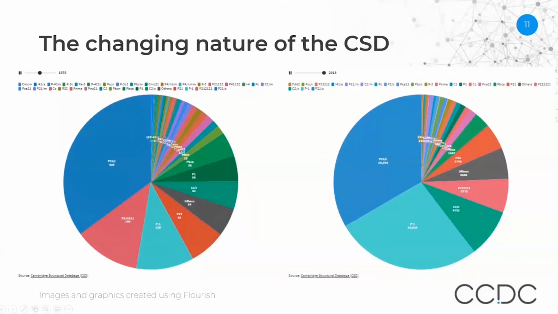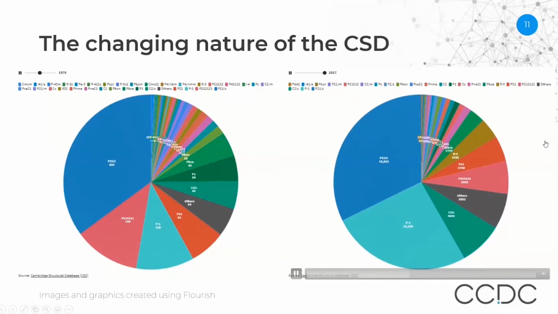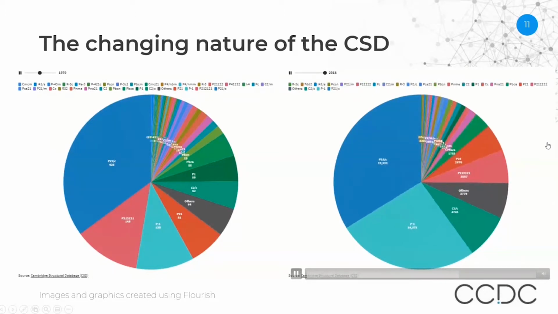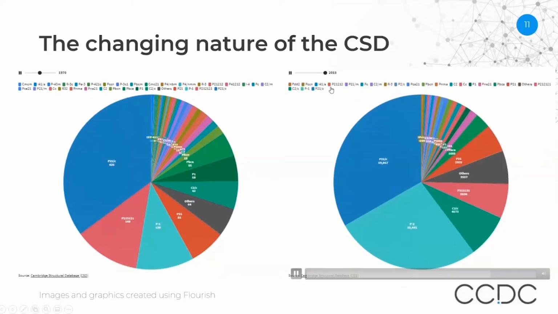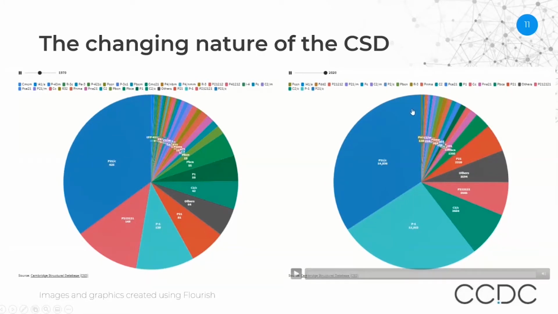And this is compared to our graphic on the right-hand side that's looking between 2015 and 2020. You can see that P21/c is a very common space group, and back when the CSD was first established, that was followed by P212121, and then P-1. And today it's P21/c, followed by P-1.